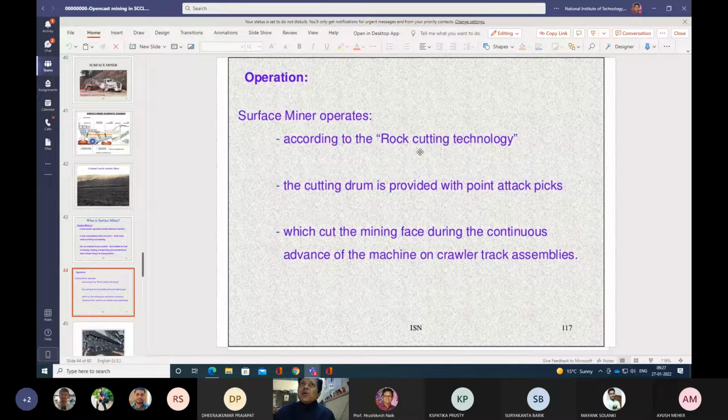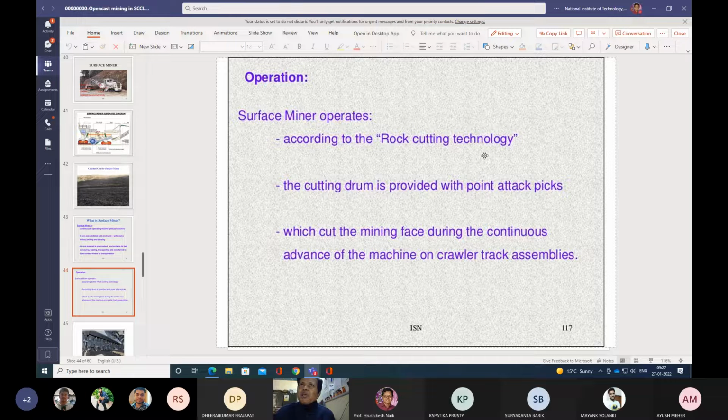So all rocks are not the same. Some are very hard, some are very soft, some are medium soft. On the basis of that, the rocks are classified on the basis of RMR, rock mass rating.